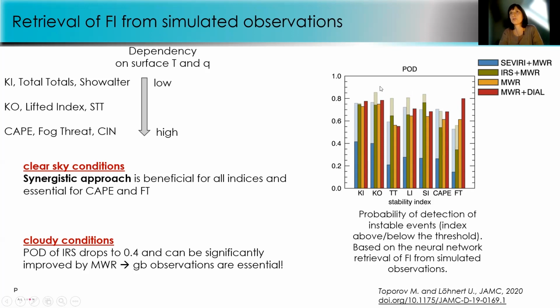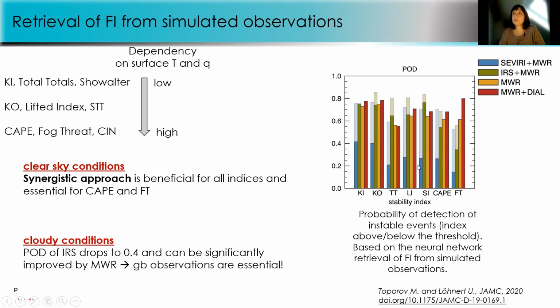It is shown with transparent part of the bars. It's beneficial for the first 5 indices, but for the CAPE and Fox-red, these additional ground-based observations are really essential because IRS alone is not so good.